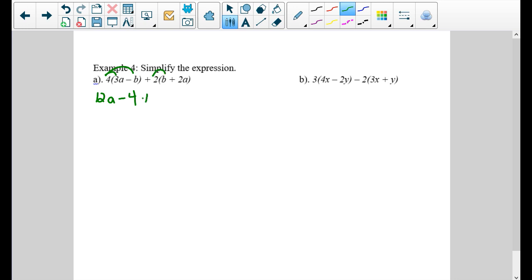So 2 times b, 2b, 2 times 2a, 4a. Combine like terms. What are my like terms? 12a and 4a. So 12a plus 4a, 16a. Nothing else combines, so just bring them down. And minus 4.